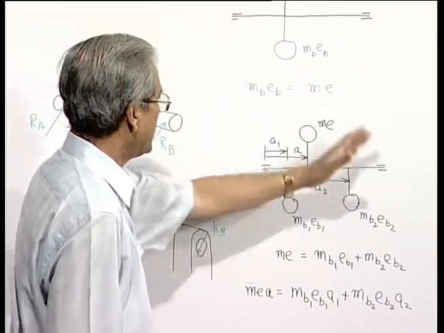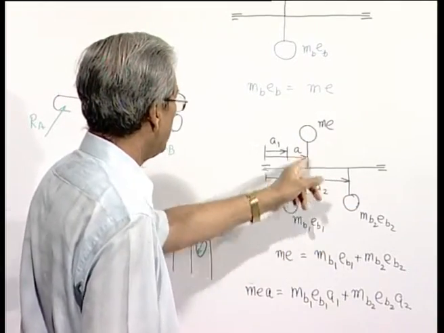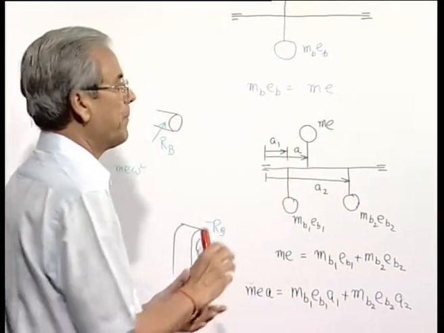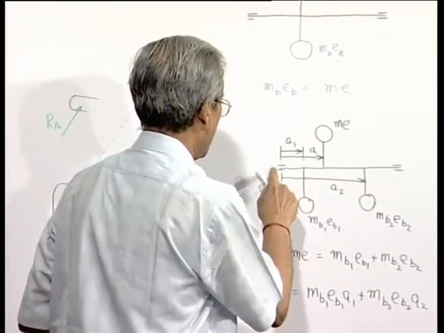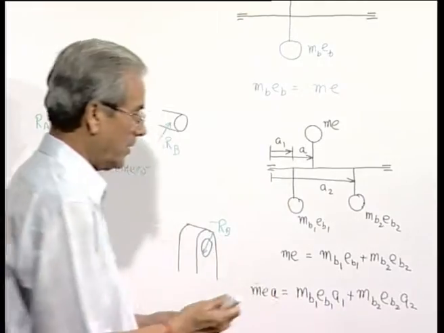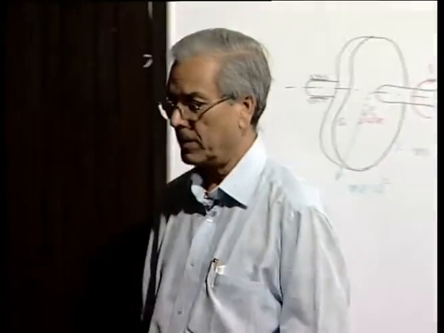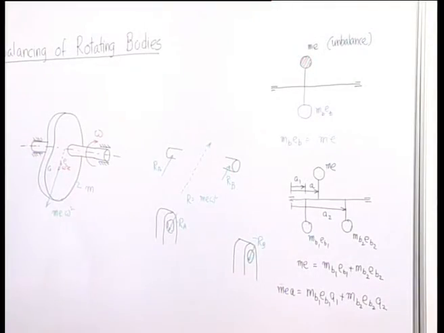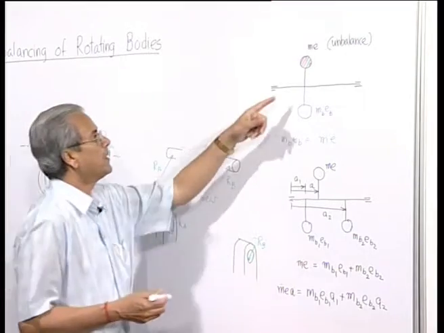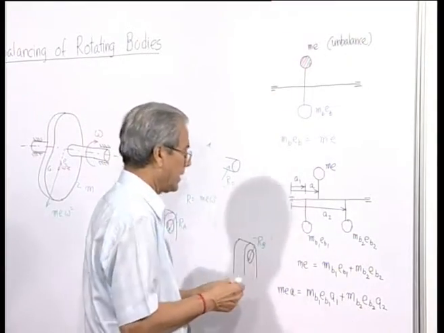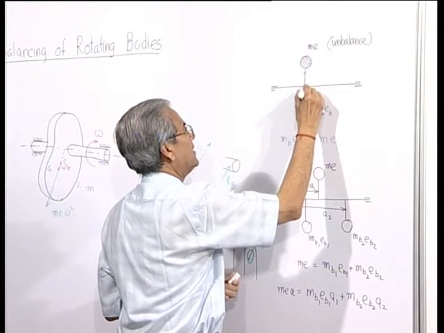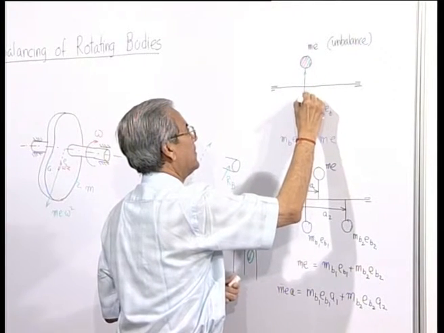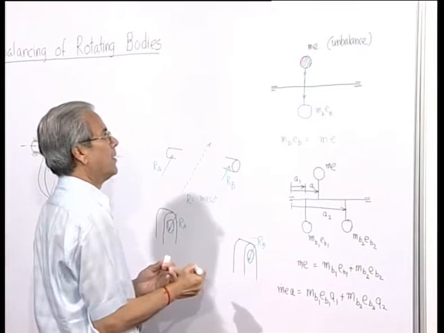And in this case, even if they are not along the same direction, the resultant system will be free from any unbalanced forces as experienced by this support. But there is a difference which you should not forget. In the earlier case, the force which was acting here is neutralized by the force here, both being equal.